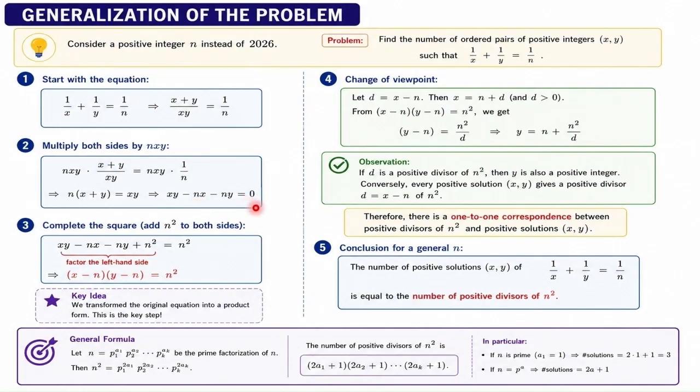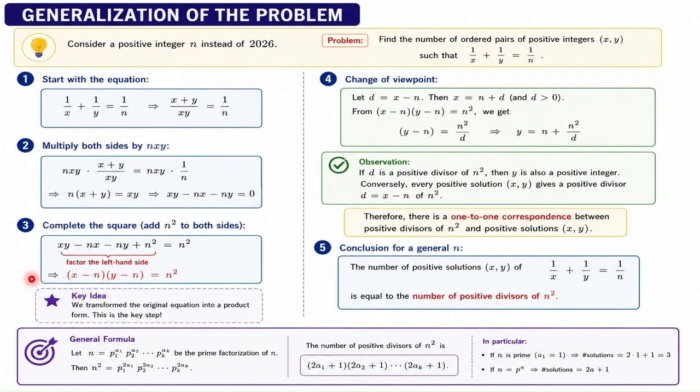Next, we add n squared to both sides. Then the left-hand side factors beautifully. We get (x minus n) times (y minus n) equals n squared. So the number of positive solutions is exactly the number of positive divisors of n squared.